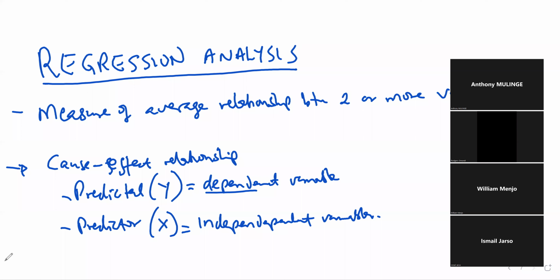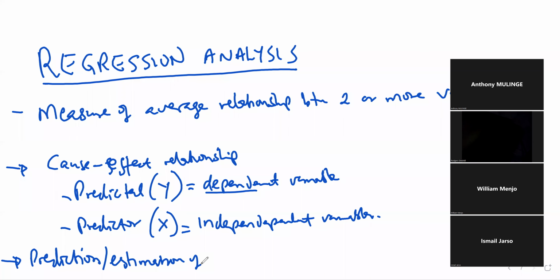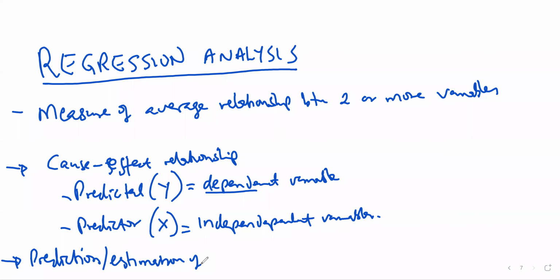So the objective of regression analysis is the prediction or the estimation of the dependent variable for given values of the independent variable. So if you're given some values of the independent variable, that is X, we use regression analysis to estimate or to predict the values of Y, or the values of the dependent variable.